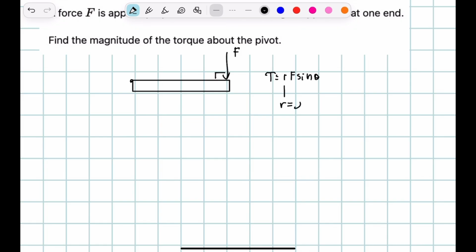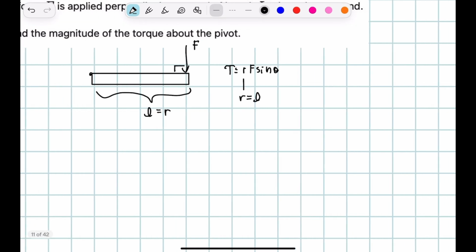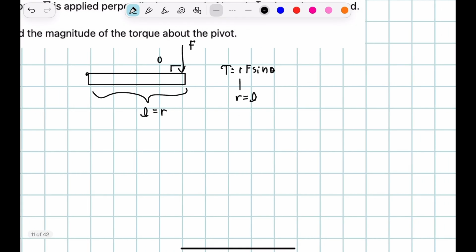Here R is going to equal L, and theta is equal to 90 degrees. So therefore tau is equal to L times F sine of 90. Sine of 90 is just equal to 1. Tau is just equal to L times F.